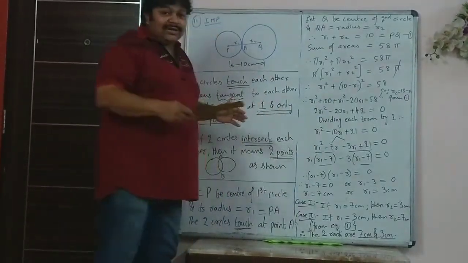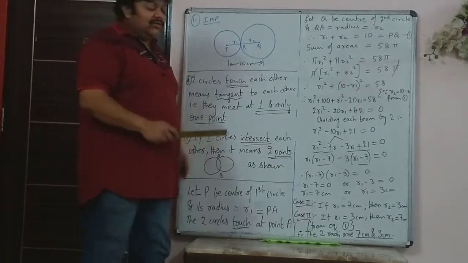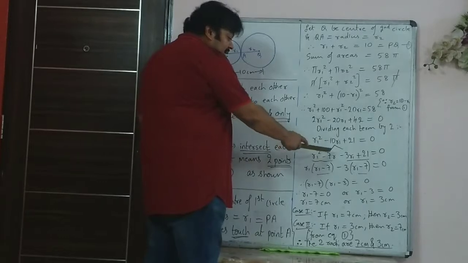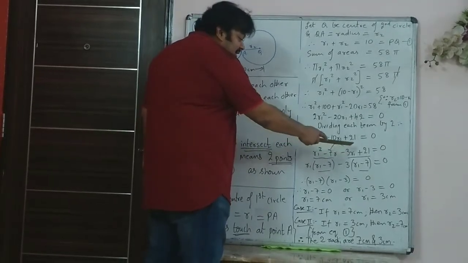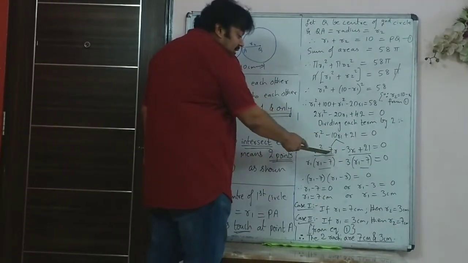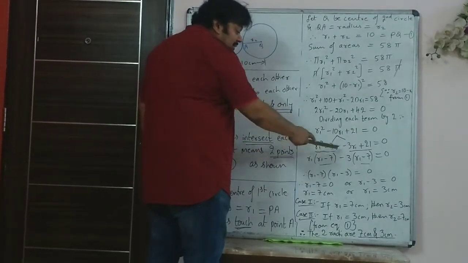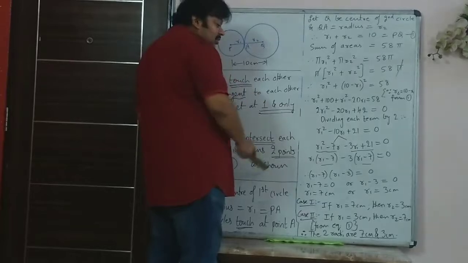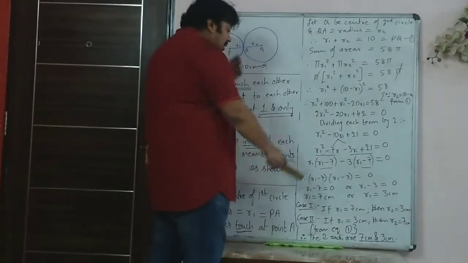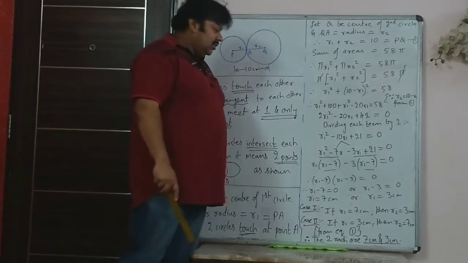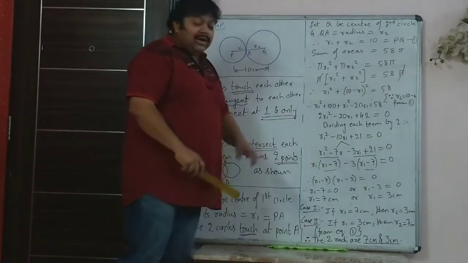This is how you factorize. You have learned this in factorization. So you have to split the middle term. R1 squared, this is 7 3s are 21 and both are minus. So when you add it, you get minus 10R1. And when you multiply this, you get 21 into R1 squared. So minus 7R1 and minus 3R1, plus 21.